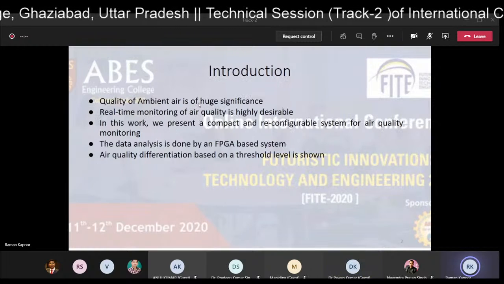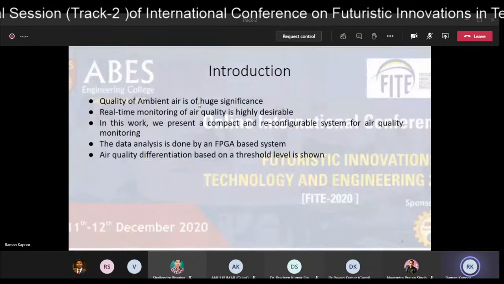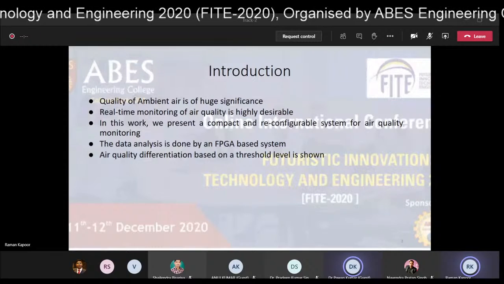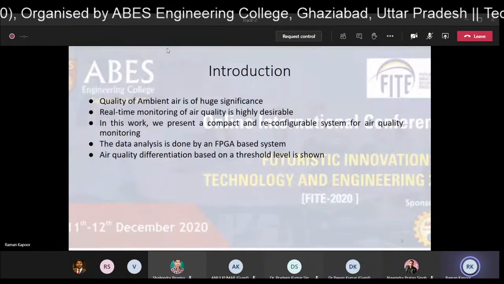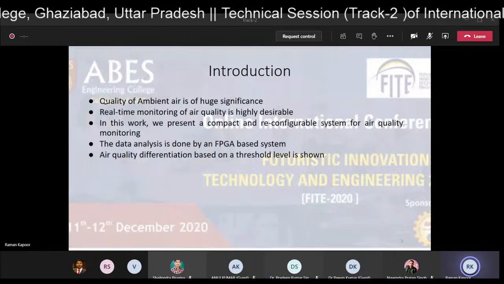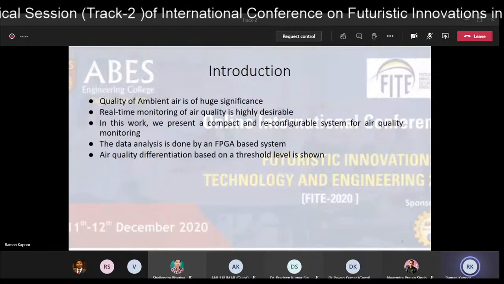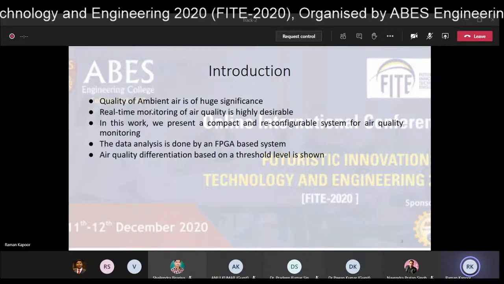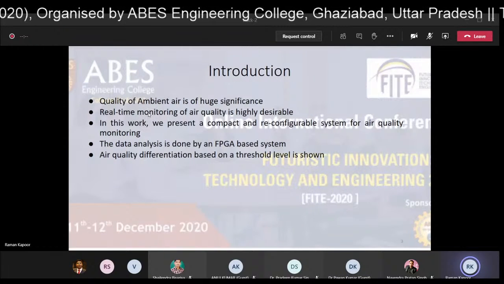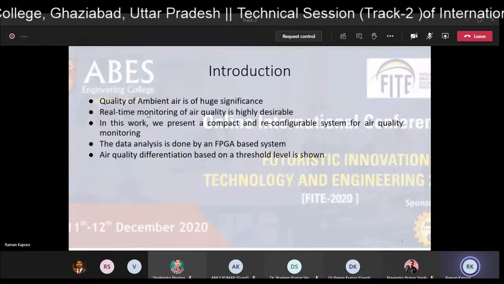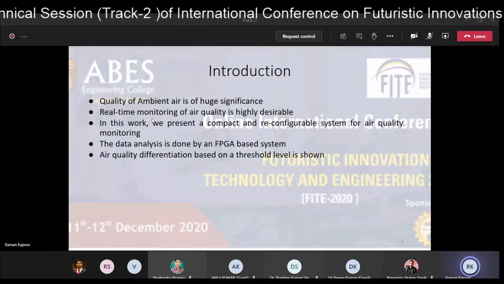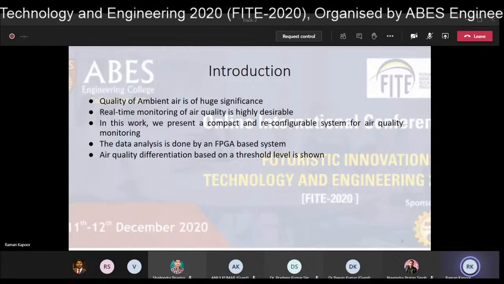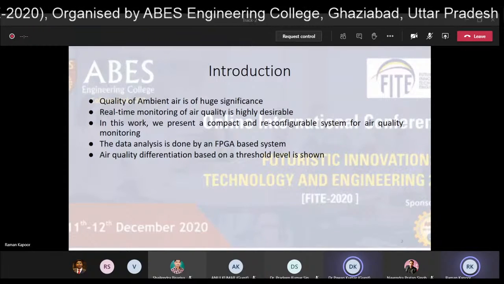There have already been a few discussions about air quality and why it needs to be improved. Before we can improve it, we first need to accurately monitor it in real time. Unless you can monitor it reliably, you cannot move towards improving its quality. So here we have a reconfigurable system which keeps monitoring the air quality.